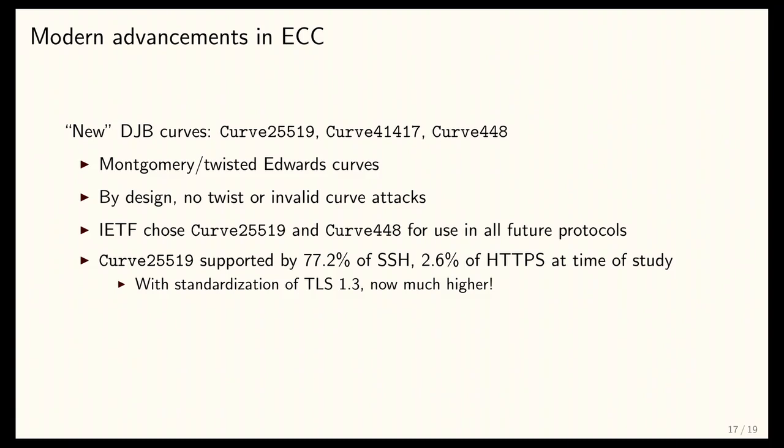They're gaining widespread support, where Curve 25519 and Curve 448 were recently chosen by the IETF for inclusion in all future protocols. They're included in the TLS 1.3 standard as well. At the time of our study, Curve 25519 was supported by over 77% of SSH hosts and a few percent of HTTPS hosts. But these numbers are now much higher.